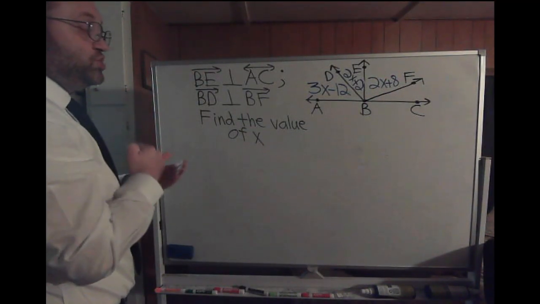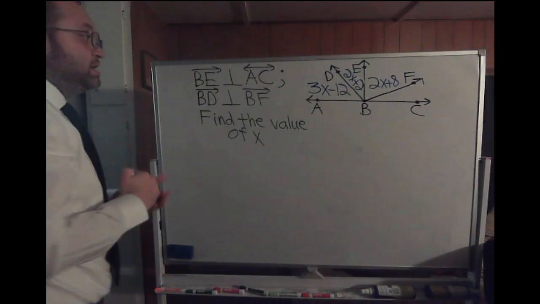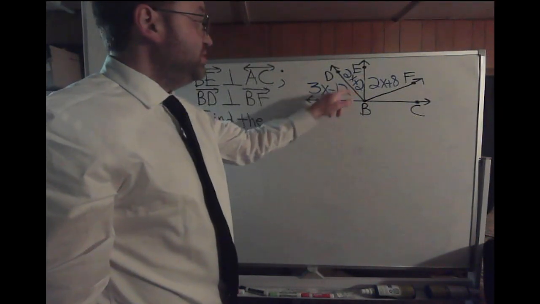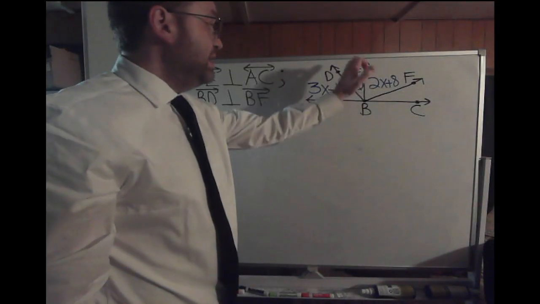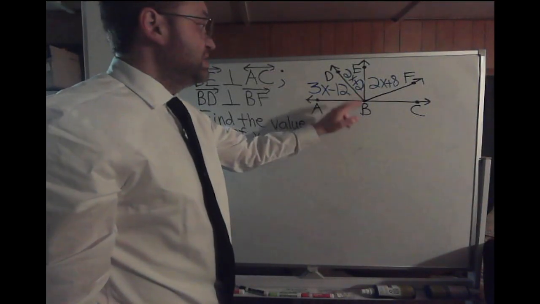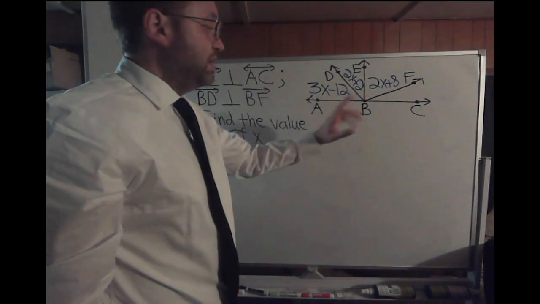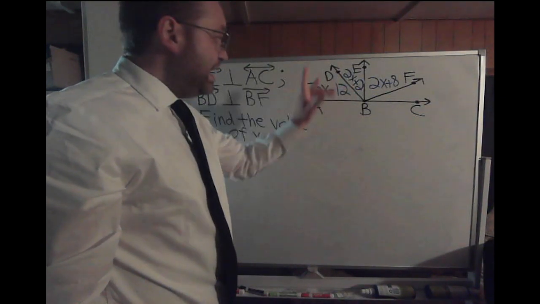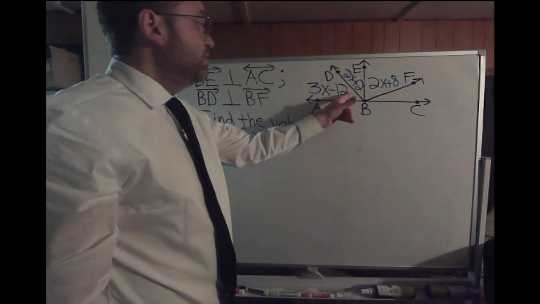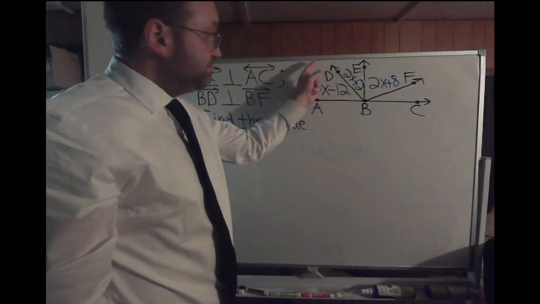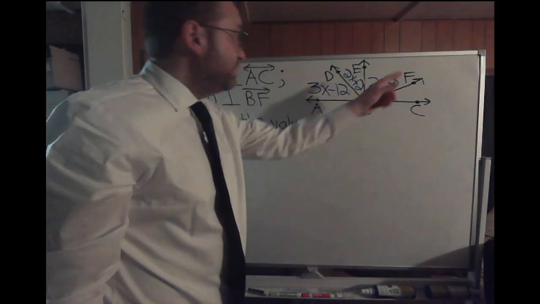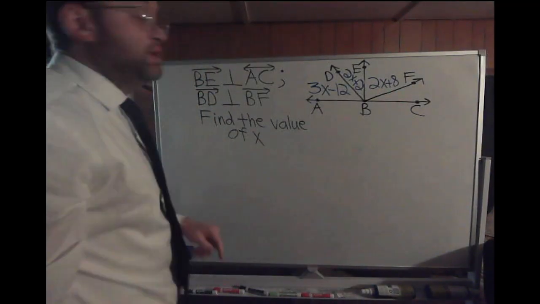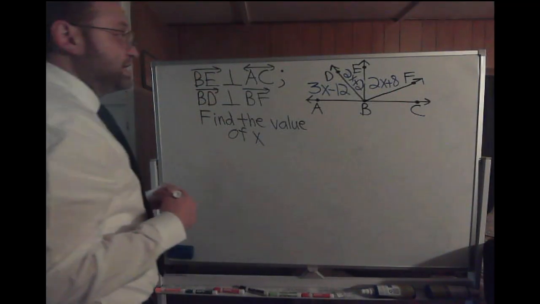There are two ways you can do this problem. You can add the sum of 3x minus 12 plus 2x plus 2, since ray and line are perpendicular, angle ABE would be a 90-degree angle. And then since BD is perpendicular to BF, angle DBF would also be a 90-degree angle. I'm going to do it both ways just to illustrate.